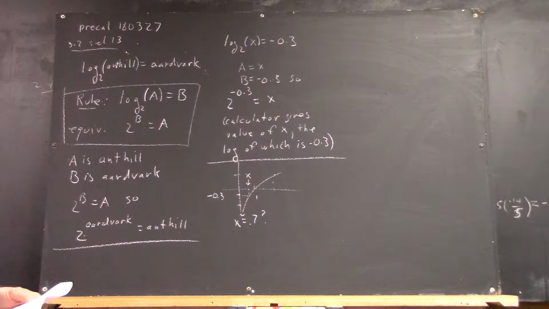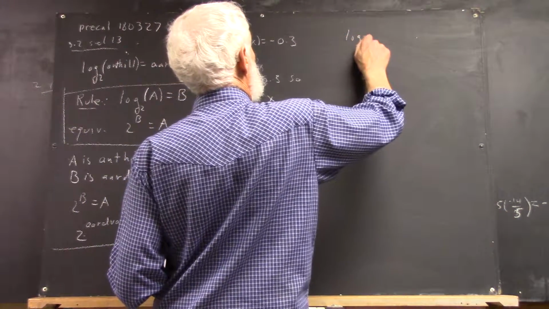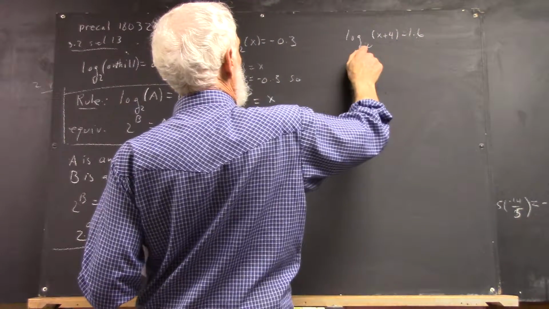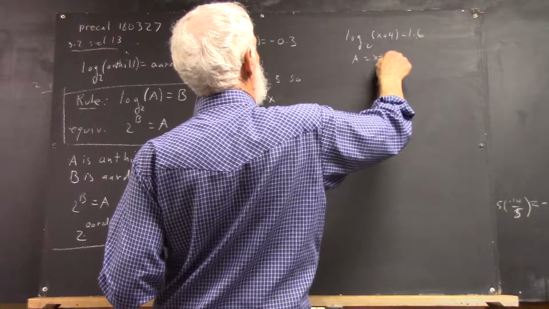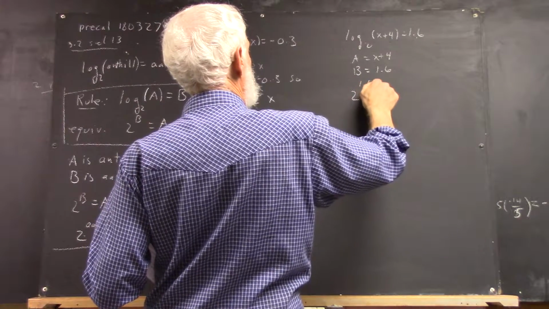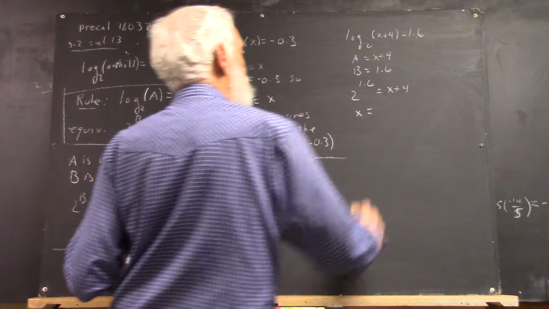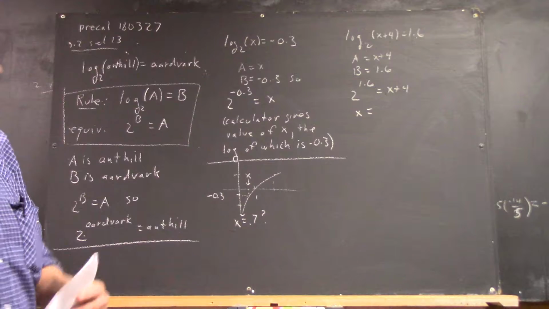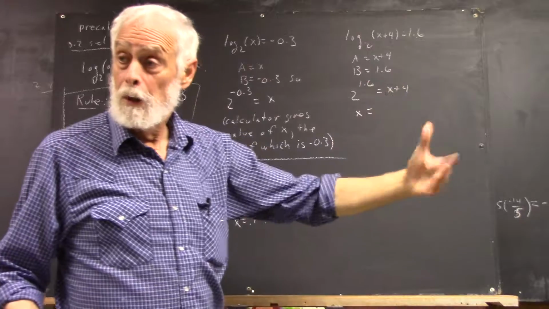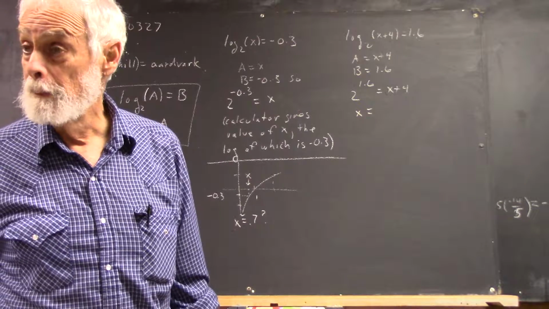Now, you got log base 2 of x plus 4 equals 1.6. And A then would be x plus 4. B would be 1.6. So you have 2 raised to the 1.6 equals x plus 4. Now we want to solve the equation. So we first see that the x that we're trying to solve for is part of the argument of the log function, and we revert this to exponential form.